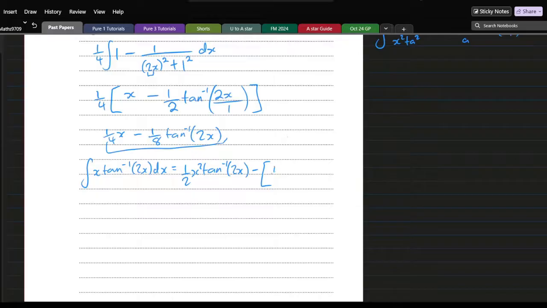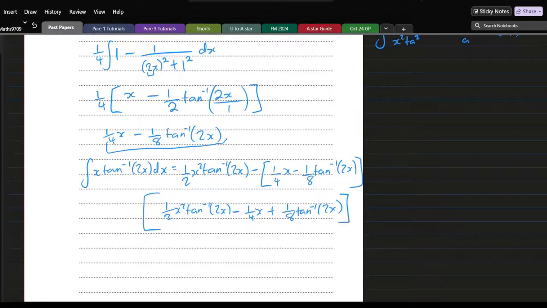So that's a quarter x minus 1 over 8 arctan 2x. Alright, so let's simplify that. That is half x squared arctan 2x minus a quarter x plus 1 over 8, be careful with the negative signs, arctan 2x.